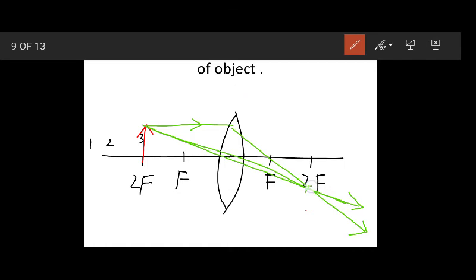Then here is the meeting point, so the image will be formed here. So when you use a scale, then it will be a straight line and it will be a clear image.